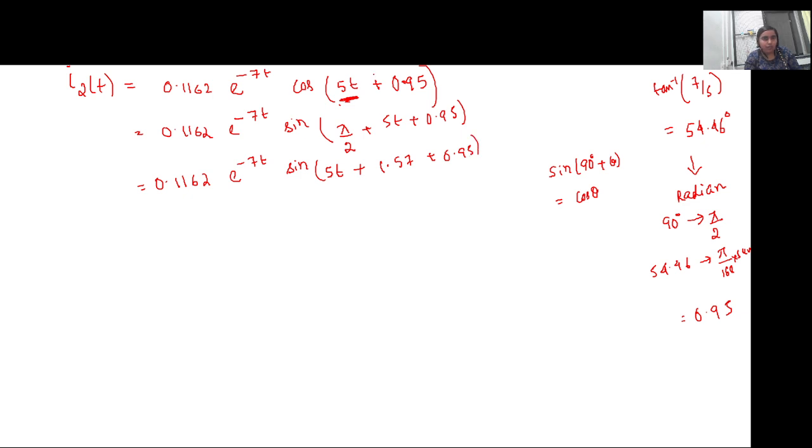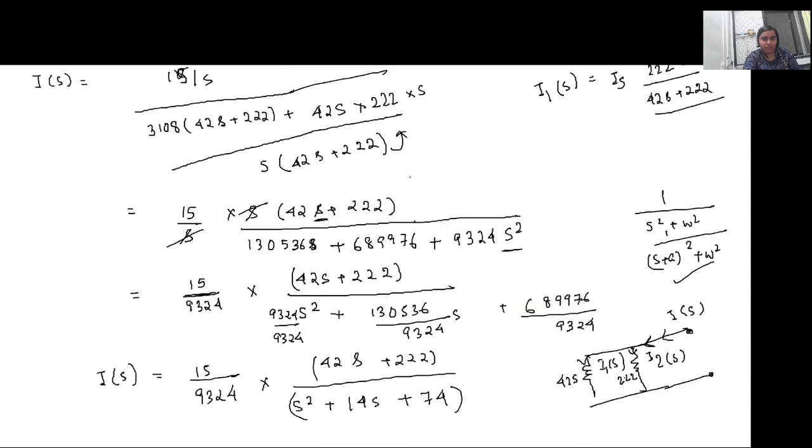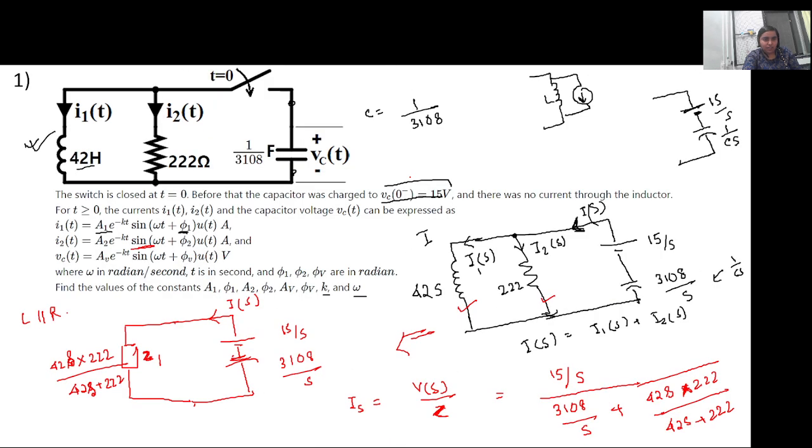So whatever is asked in the question, A2 will be equal to 0.1162 and phi 2 will be equal to 1.57 plus 0.95, which is 2.52. I hope that's all it is asked in the question. So yeah, it's pretty much it.